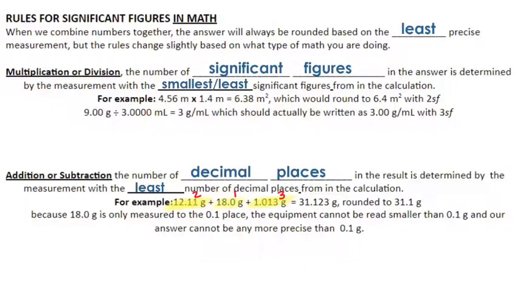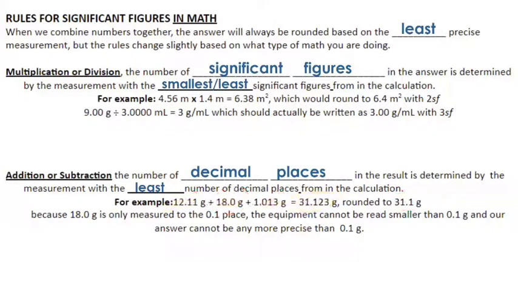So even when our calculator gives us out this answer, our final answer is going to be rounded to 1 decimal place because that's the least number that we started with. And so this number rounded to 1 decimal place is going to be 31.1 because the 2 does not round the 1 up. It's not big enough, so it just stays 31.1.